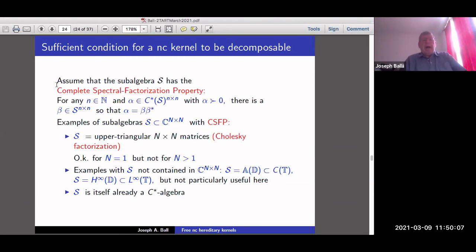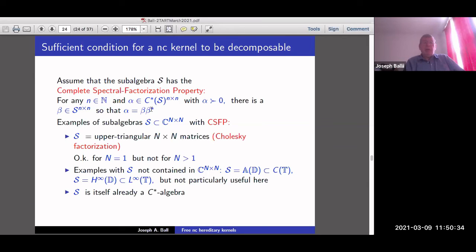Then for this to work out, we assume something extra. Our subalgebra S should have the complete spectral factorization property, which means you take a square matrix over the C star enveloping algebra of S, which is positive. You have to be able to do a so-called spectral factorization.